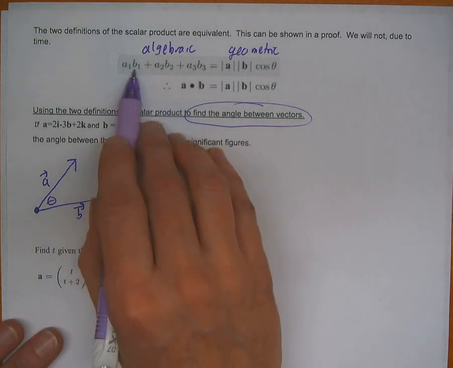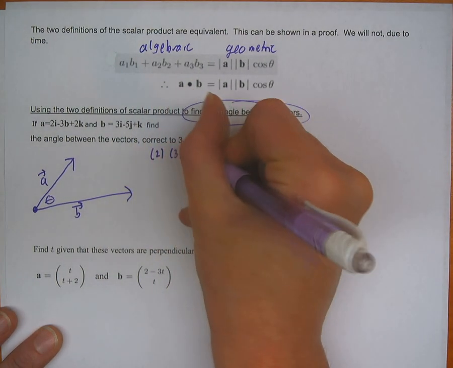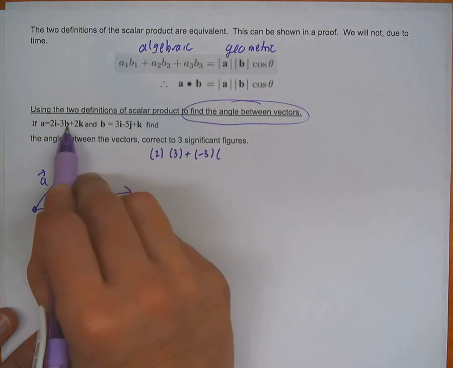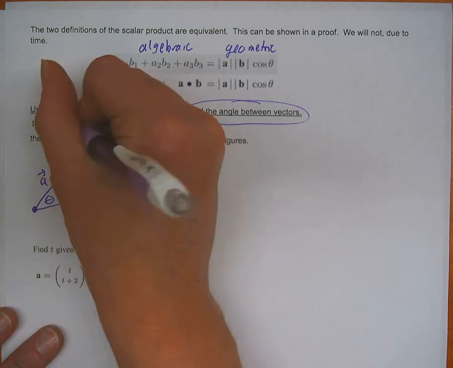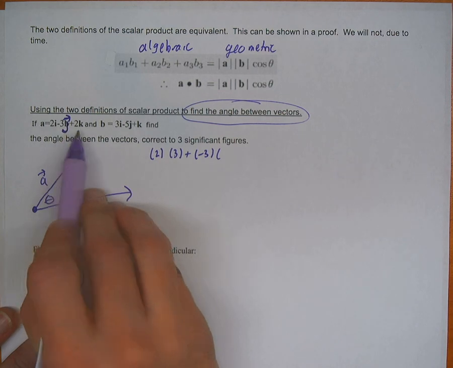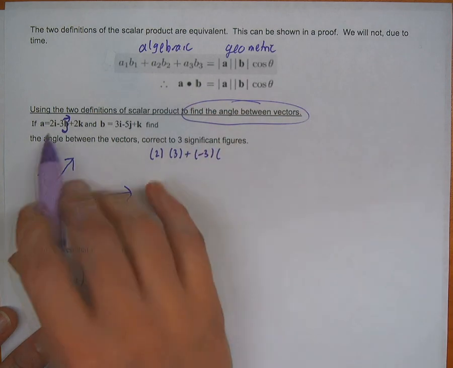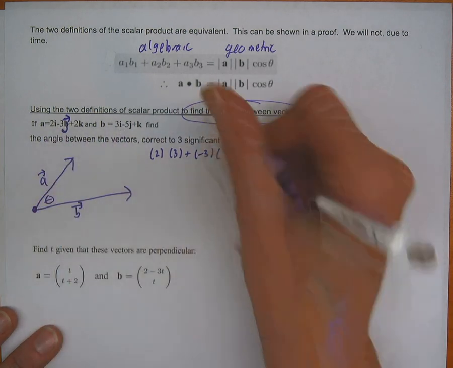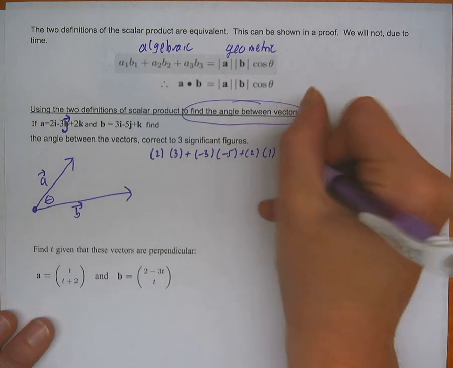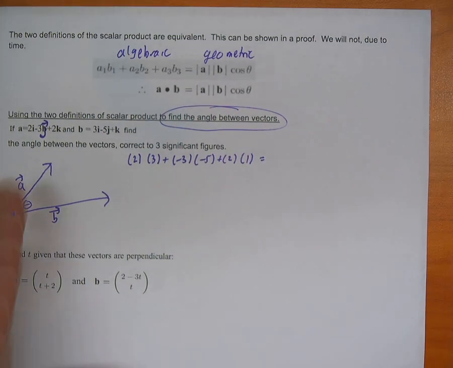So the first thing we need to do is use our algebraic definition. So 2 times 3, -3 times -5, and 2 times 1. Oh, that's supposed to be a J, not a B. Typo. 2I minus 3J plus 2K. Now on the other side, we're going to put the magnitude of each one of those multiplied times each other.